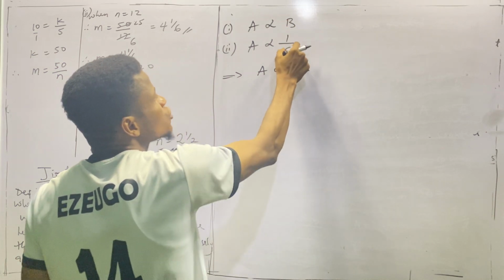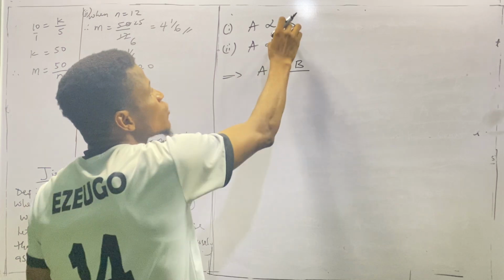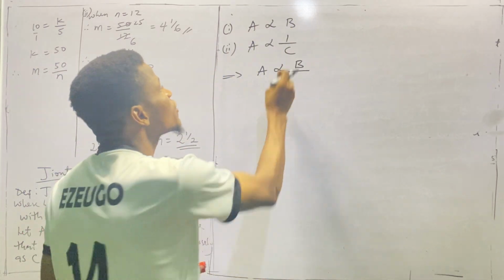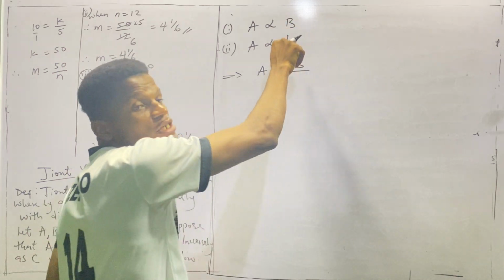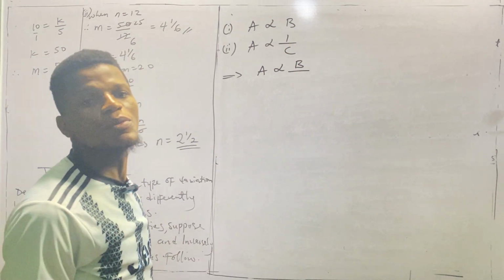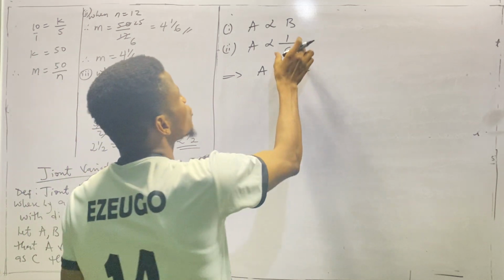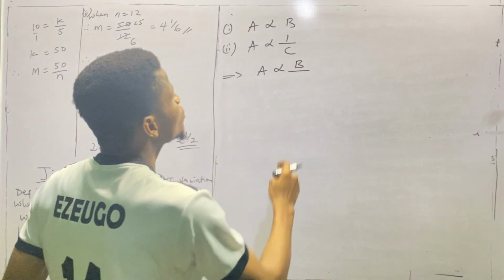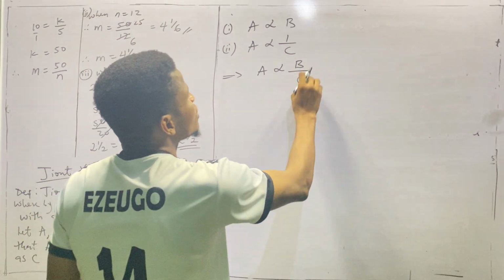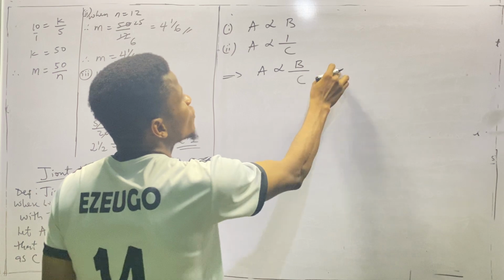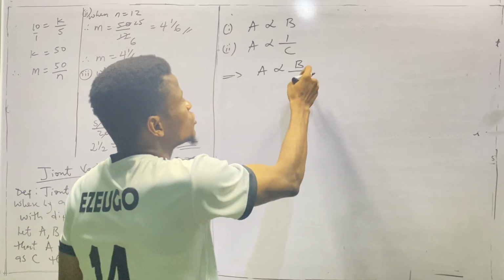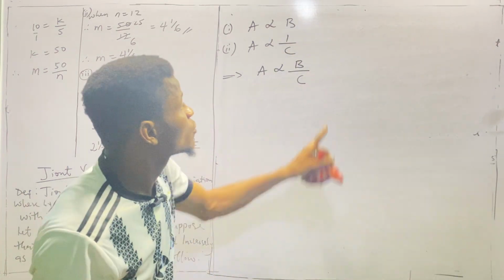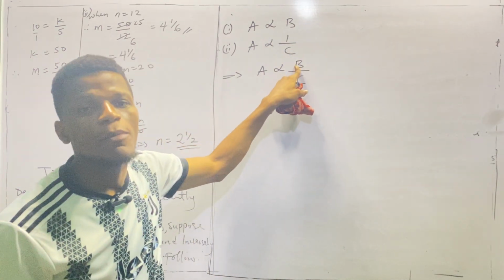Remember, this one does not add anything; it is just to give C meaning, because if there is no 'inversely' here, this C will be meaningless. So here we don't need that one anymore. C is here because this is something like saying B times 1 over C. The 1 multiplied with B becomes B, over C.